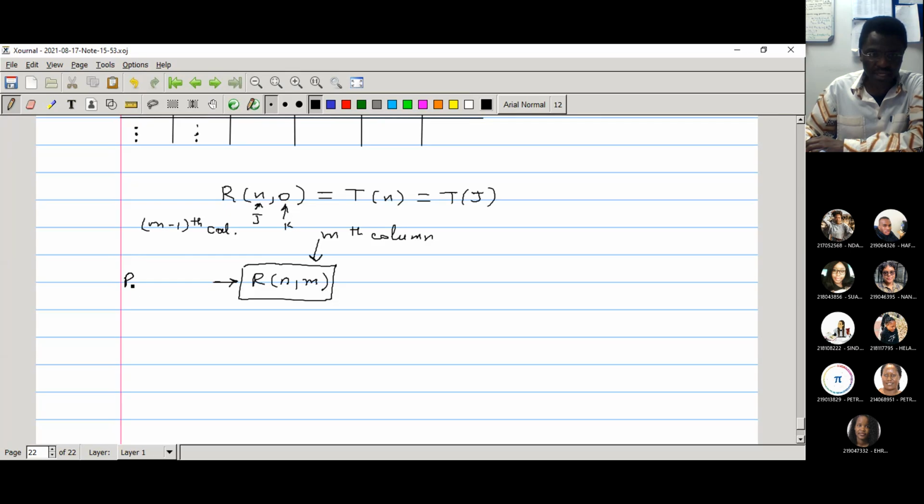So I will use R, same row, right? The same row, but previous column, which is M minus 1. Now, the previous row are N minus 1, M minus 1 in the same column. So I use these two to compute this new one.